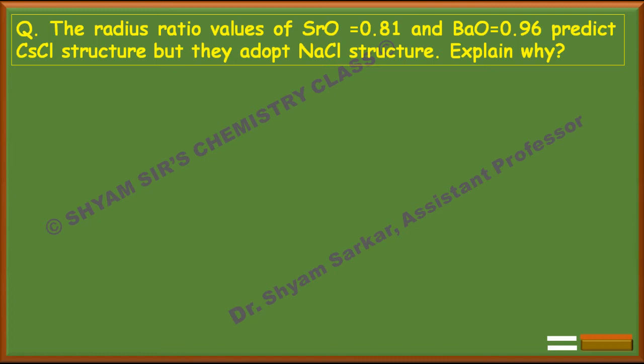See, this type of value of limiting radius ratio predicts cesium chloride structure, but they are not forming cesium chloride structure, that means they are not forming cubic structure, rather they are forming NaCl structure, that is 6:6 coordination number, that is octahedral geometry. So rather than cubic geometry they are forming octahedral geometry. So you have to explain.